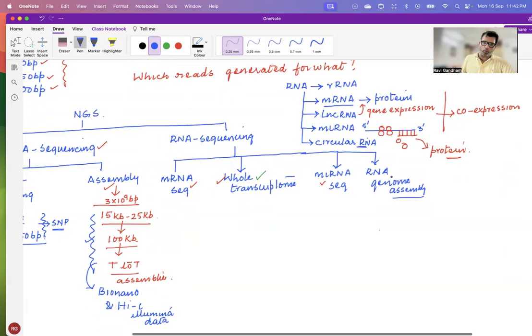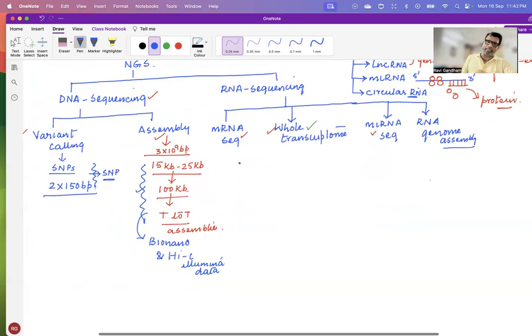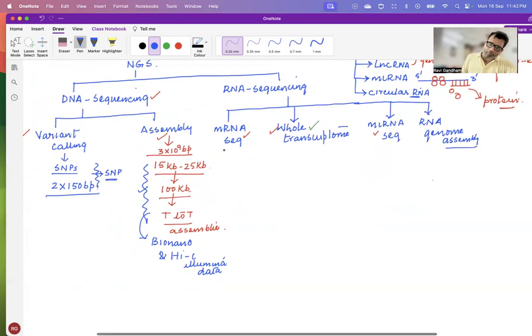Having got this background, we now get back to RNA sequencing. And when mRNA sequencing is done, here you are only looking at sequencing the mRNA.